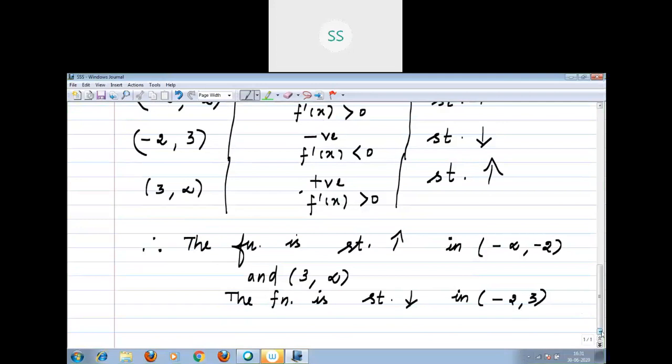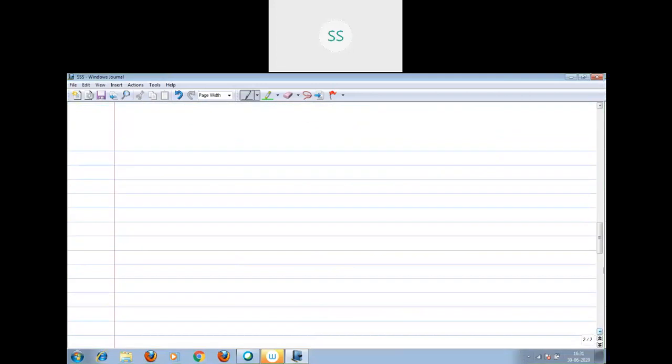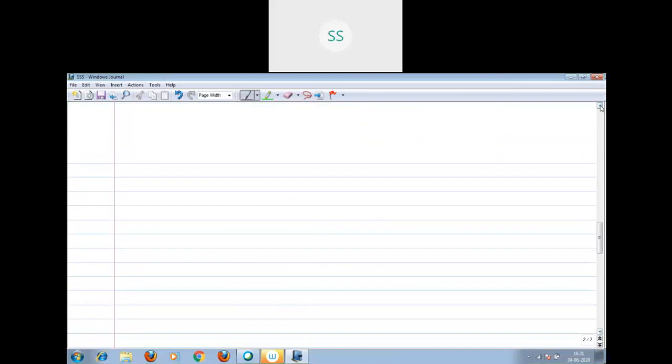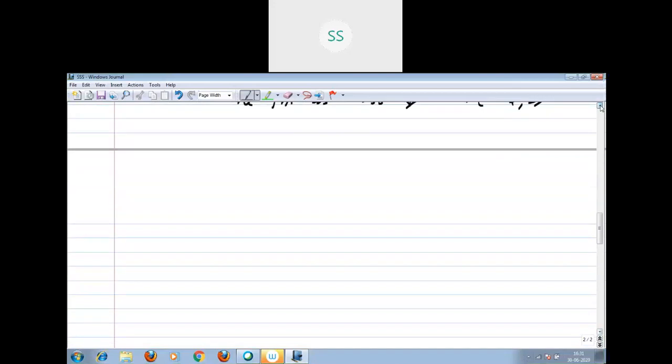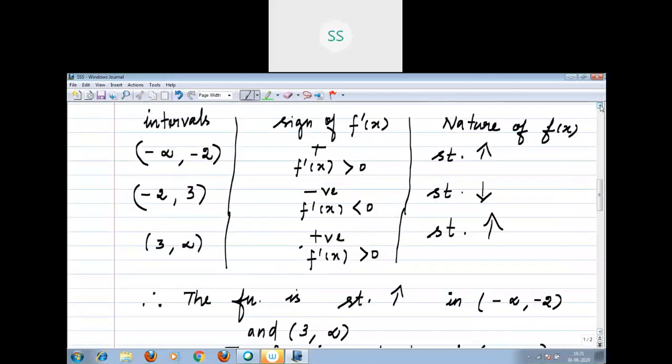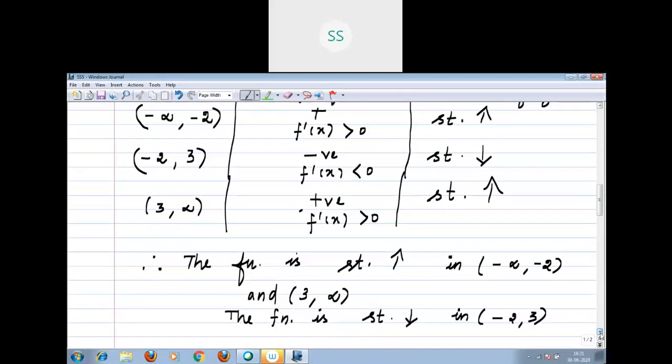For your understanding, I will show the proof. The second one, I concluded that it is decreasing. What can I assign?